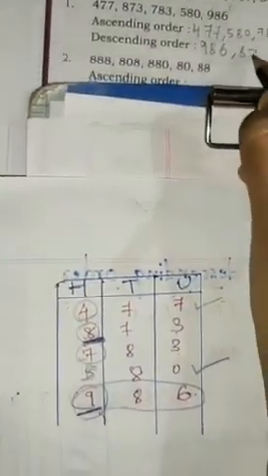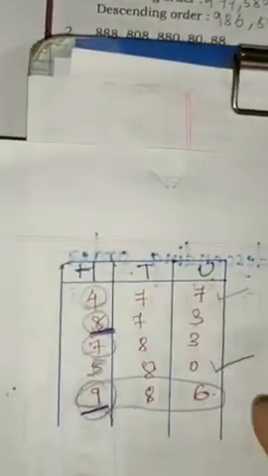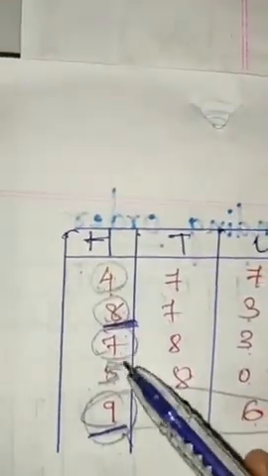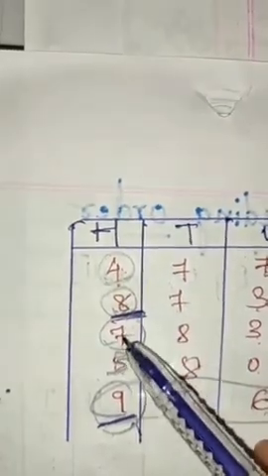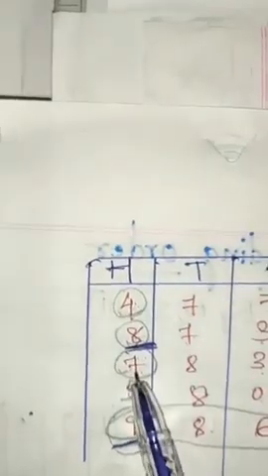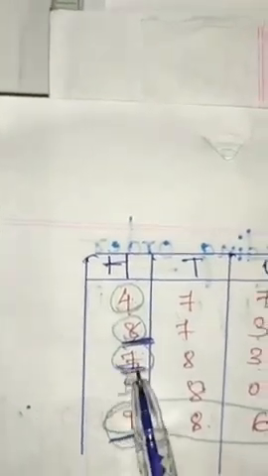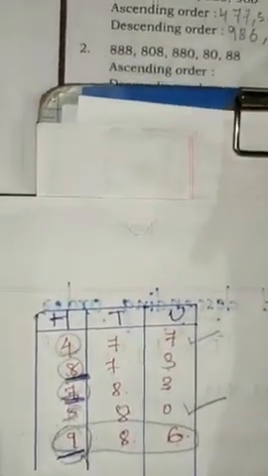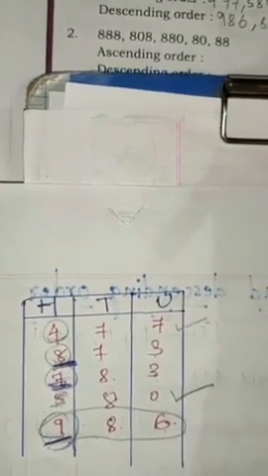So 873. Next one. After the 8, which is the biggest digit here? 754. Yes, 475. Yes, 7, right? So 7 is the next biggest digit. So 783 is the next biggest number. So 783.